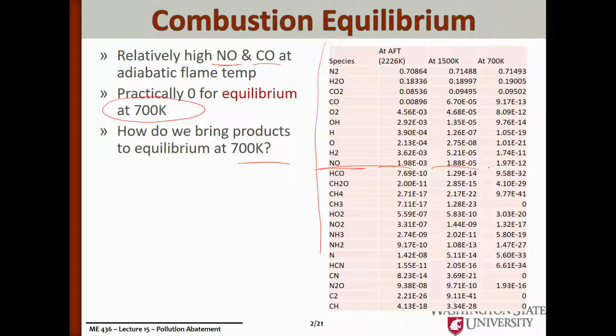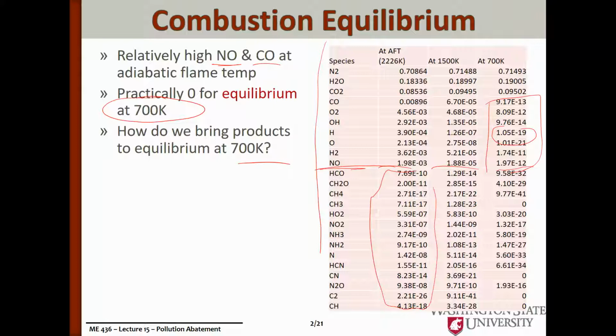When we get down to 700 degrees, we're talking basically zero, e to the negative 19. So parts per trillion at this level. There are some heavier things that do exist at adiabatic flame temperature, and they also disappear at lower temperatures, but these are sometimes a little harder to shift to equilibrium because they're heavier molecules and have greater activation energy in their equilibrium reactions.